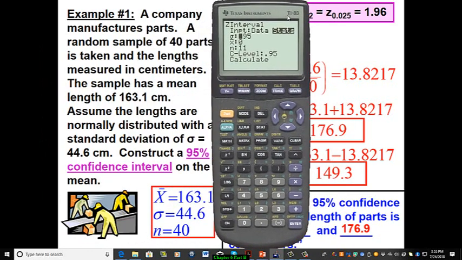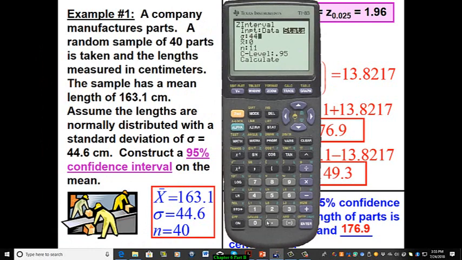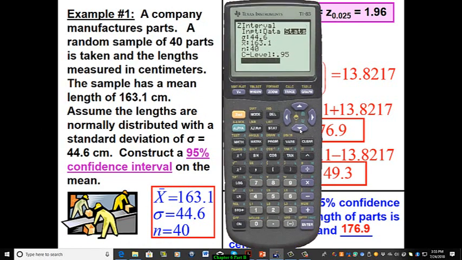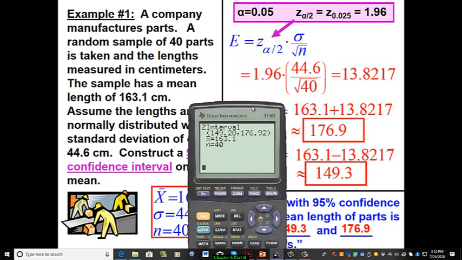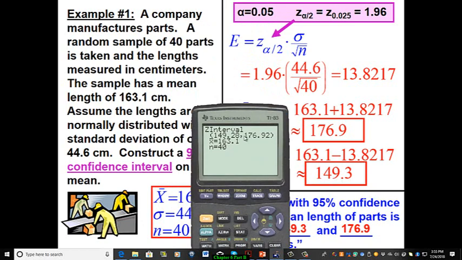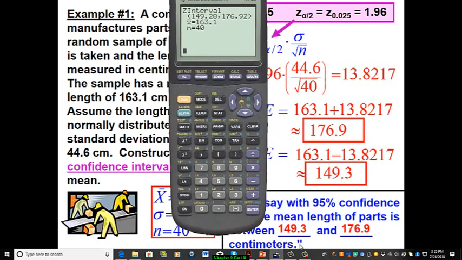Your population standard deviation is 44.6, your sample mean is 163.1, your sample size is 40 and your C-level is 0.95. Then you hit calculate and you get the same answer, 149.3 to 176.9. And that's going to be your answer.